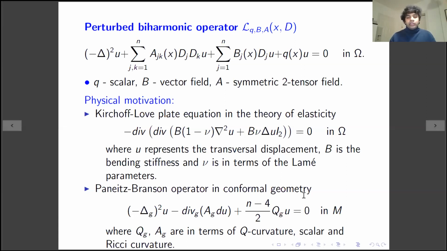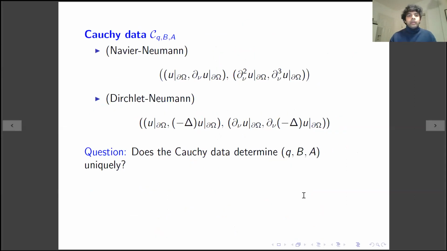The Q_g and A_g are the terms related to the Q curvature, the scalar curvature, and the Ricci curvature. Now we are interested in the inverse problem, whether the associated Cauchy data recovers Q, B, and A. That's the problem we want to address.